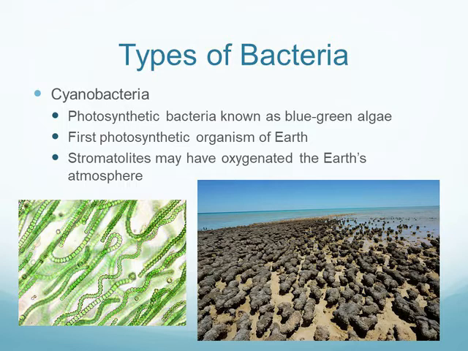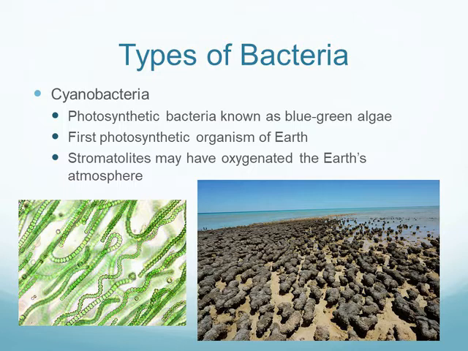So those particular what look like rocks on the right side image there are known as stromatolites, and stromatolites are just bundles of cyanobacteria, and they produce a ton of oxygen. And so these guys are thought to be the oldest living organism on Earth. And we can find fossils of these guys dating back to millions of years ago.